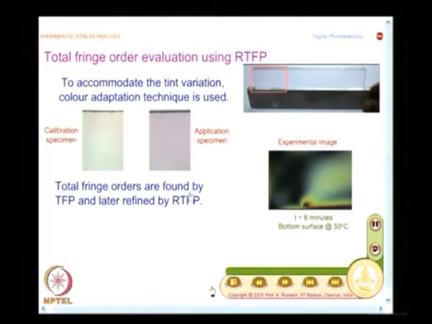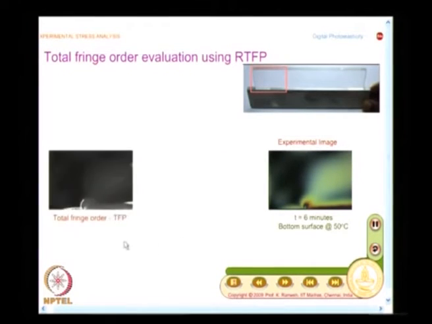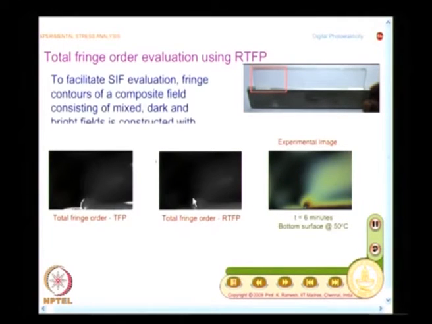So, people have also developed, in fact, my students and I have developed what are known as color adaptation techniques. My students Madhu and Neeti Simon have developed interesting methodologies, and you can do a color adaptation technique. The total fringe order from TFP is like this, which is improved by RTFP.